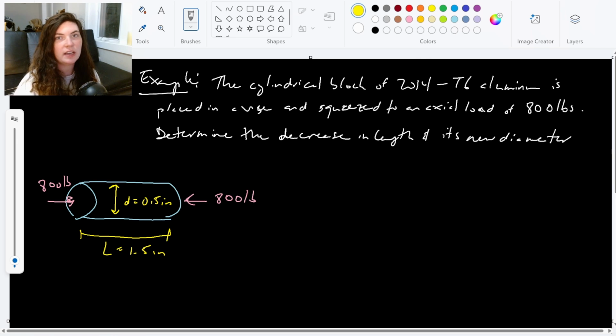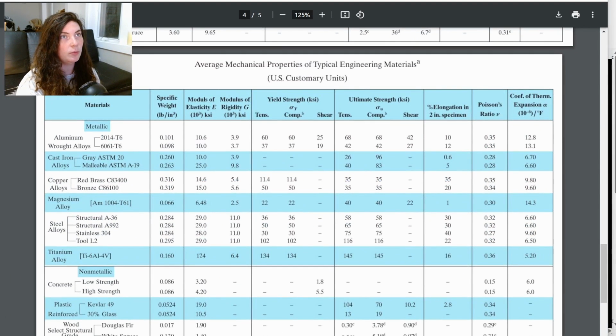So the very first thing I'm going to do is look up this material in my tables and see what known information I can get. Again, that Poisson ratio is a known ratio. So if I look in the table that we have in the back of our book, it's the very first one on our table here, aluminum 2014 T6. And I'm in the customary units since I was in inches and everything.